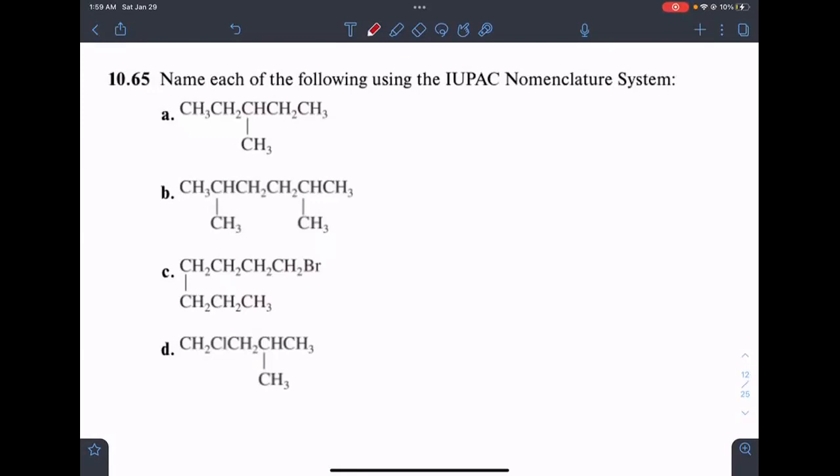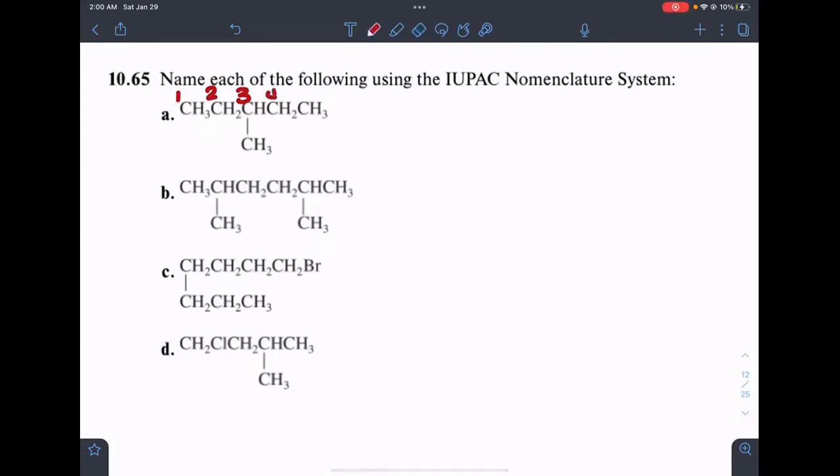Some of them are easier than others. So here, regardless, you have to count your carbons. So either I can start from the end close to the A, or I can start from this end. And for this one, it really doesn't matter, because if I do this 1, 2, 3, I'll get a 3, but if I go from the other end, 1, 2, I still get a 3. So it doesn't really matter.